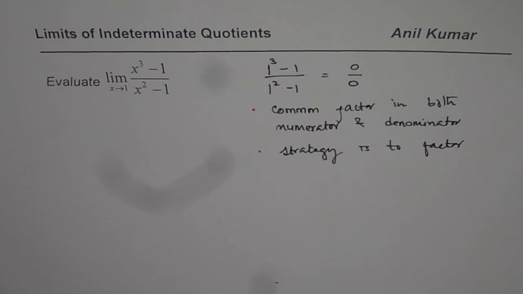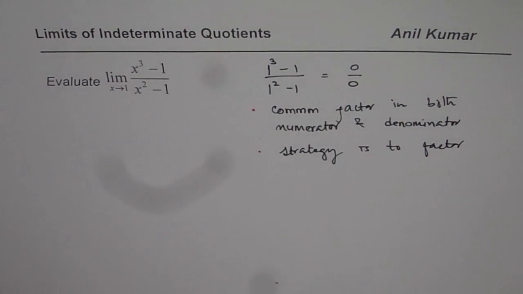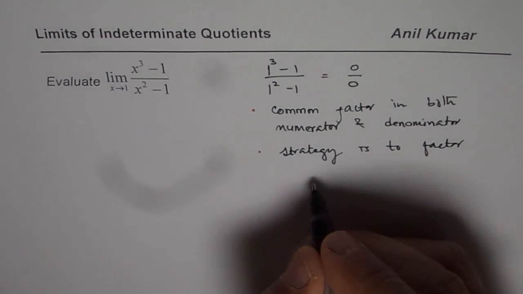Now some of the students have learned L'Hospital's rule. In such a case, whenever you have indeterminate quotients, you can apply L'Hospital's rule and solve the question. However, most of my students, for them, this is the very first chapter on calculus. So for them, we will follow simple rules. One of the strategies which we are doing now is factoring.